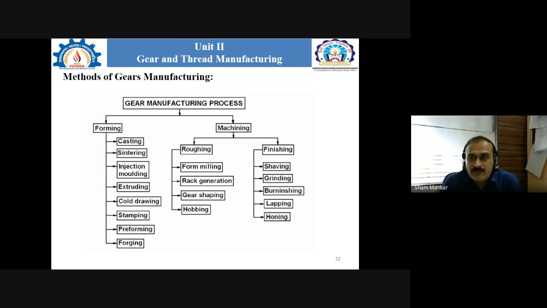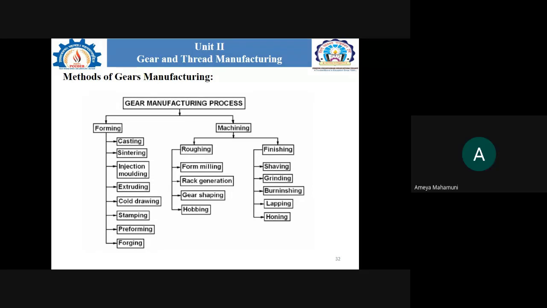Anyone would like to add to whatever Devang said, the difference between the forming and the machining process? Yes, sir. Like in forming, we do things with the material. Like in casting, we melt the metal. Whereas in machining, we don't do anything with its chemical properties, or rather, we don't heat it. We don't apply any chemical on that.